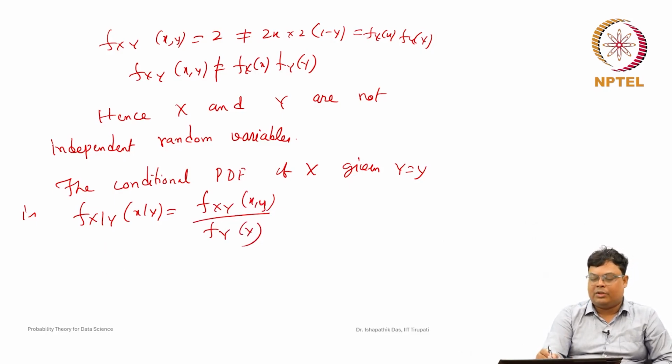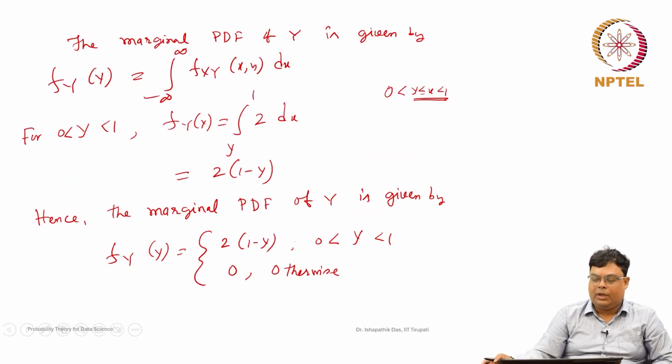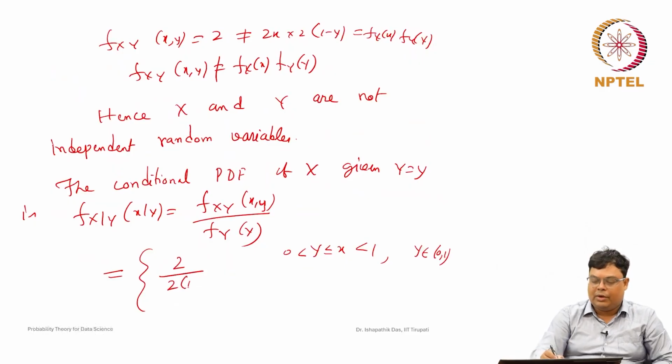Note that this will not be non-zero for the whole region. f(x,y) will be 2 whenever y <= x < 1, and f_Y(y) will be non-zero whenever y belongs to (0,1). For particular values of y between 0 and 1, f_Y(y) is given as 2 into (1 minus y). So, the 2 is cancelled, this is 1 by (1 minus y), and this is equal to 0 otherwise.